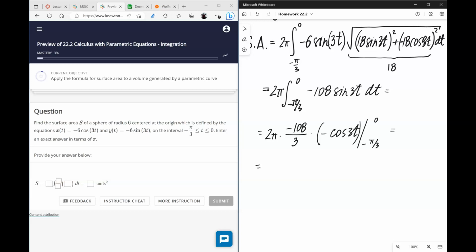We get 72 pi cosine of 0 minus cosine of negative pi over 3. Cosine of negative pi over 3 is 1/2. So negative 1/2 though.